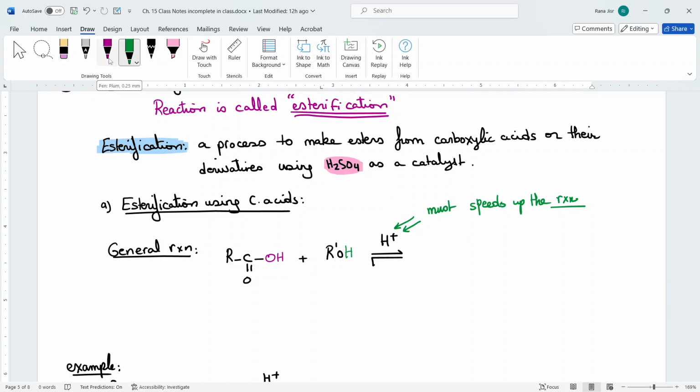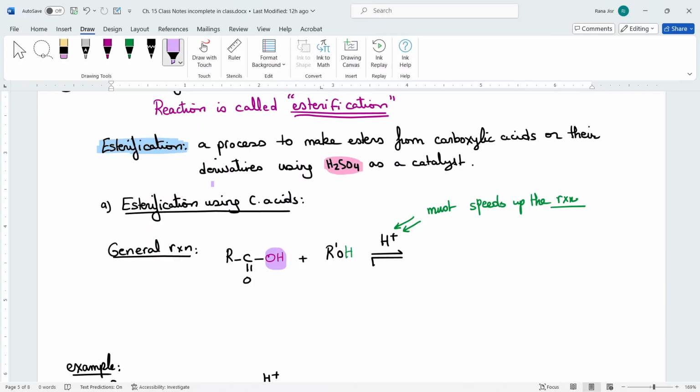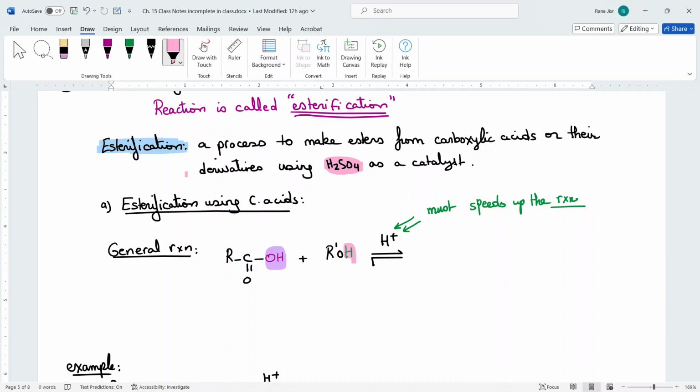The acid normally loses its OH, and the alcohol loses its hydrogen, not the OH. Alcohols, for these reactions, lose just a hydrogen.